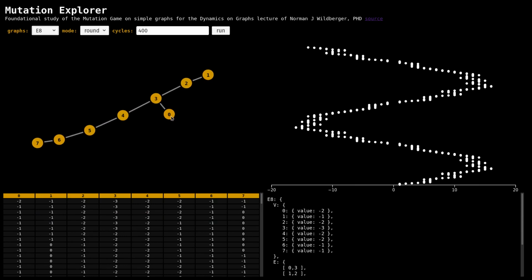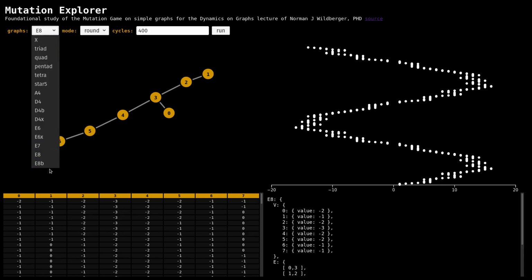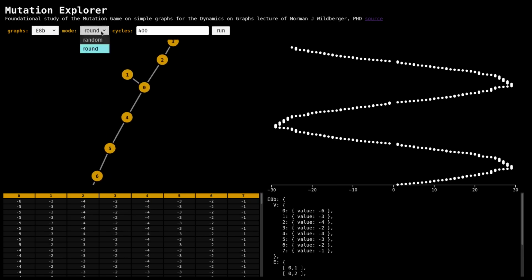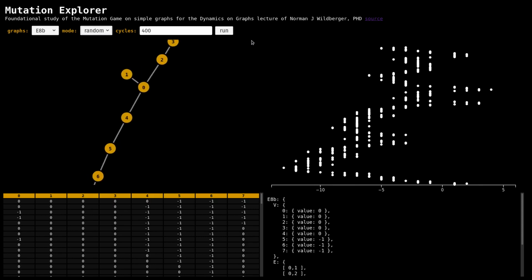And E8 here, you can see we start with 0 here, and it's doing a similar back and forth, but not exactly the same. So really, really fascinating stuff. And then, of course, random stays really tightly bounded in here.